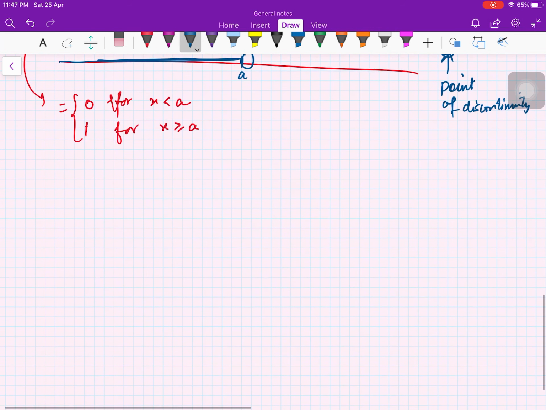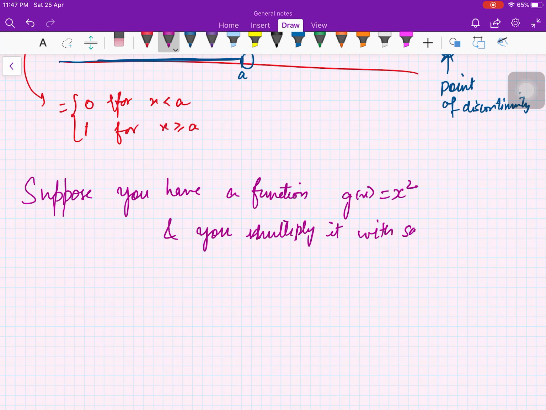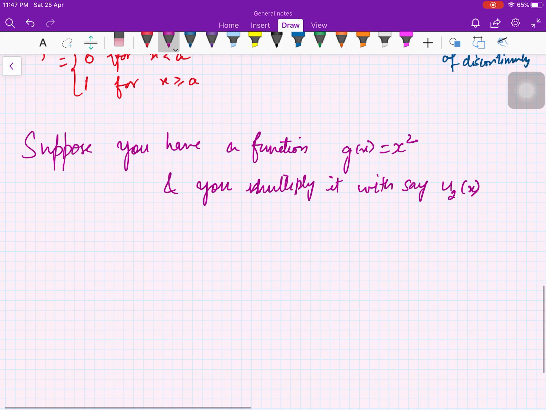Okay, so now suppose you have a function g(x) equal to x square, right? And you multiply this function by, say, u_2(x). Now can you think what will happen?